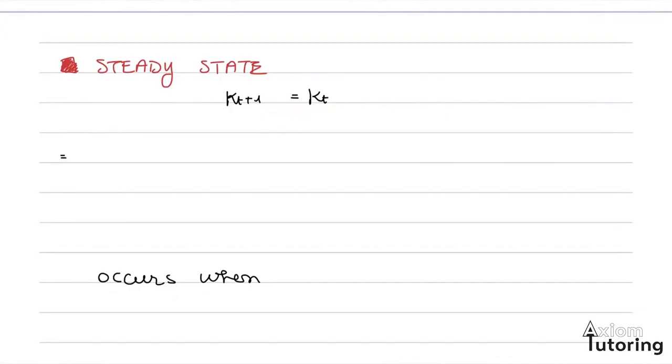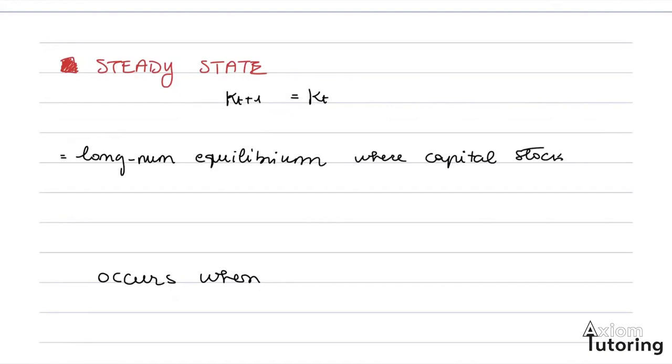So if we want to give it a textbook definition, we can say that a steady state is a long-run equilibrium where the capital stock per worker, usually it's defined in terms of per worker capital stock, so let's focus on the per worker case, and output remain constant.